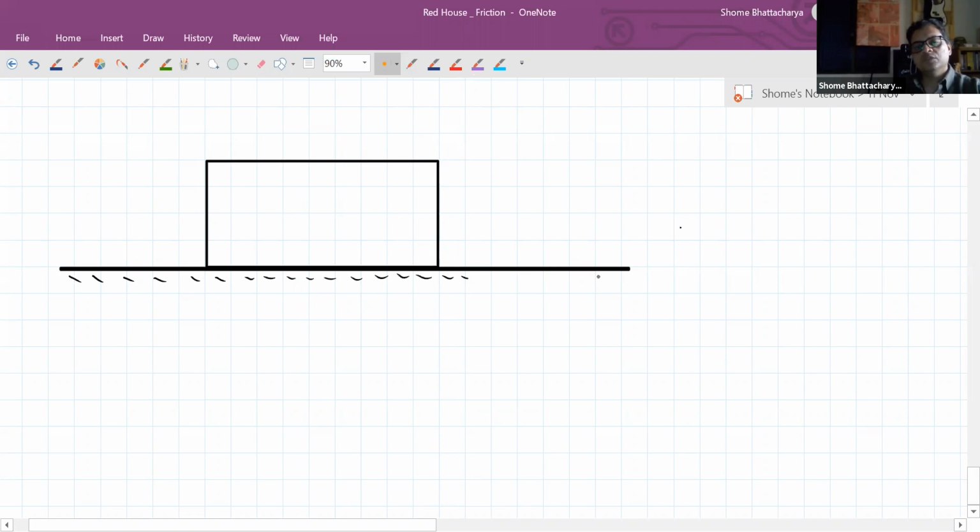So this is a smooth surface. This is a wedge of mass capital M. Now on this wedge, there's one smaller block here and one smaller block here.